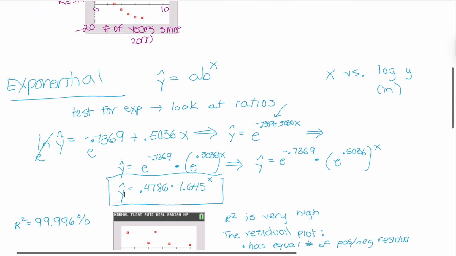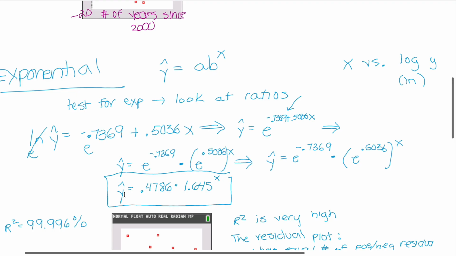Because we want to get rid of the natural log, or whatever log you're using, we want to leave just y hat. So we're going to raise both sides to the e power, and we will get rid of the natural log, and y hat is equal to e to everything right here. By some math rules, we can separate the exponent and arrange it a little bit.